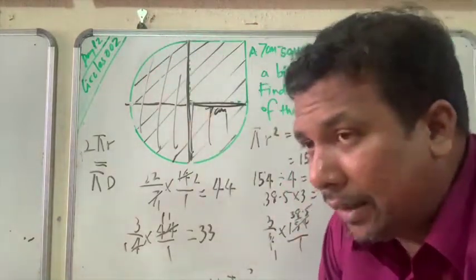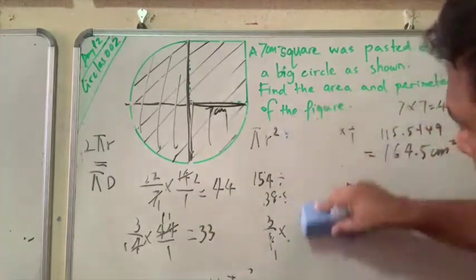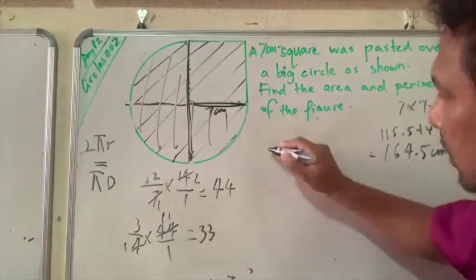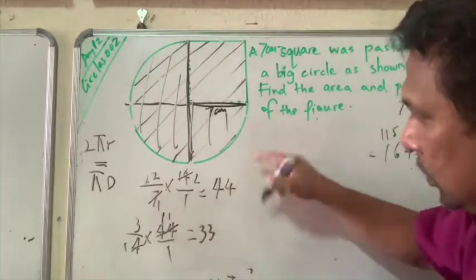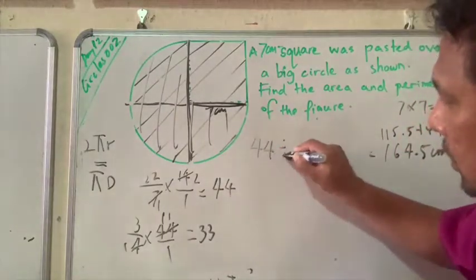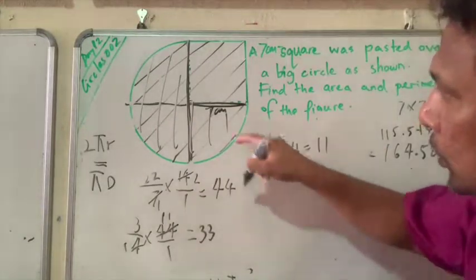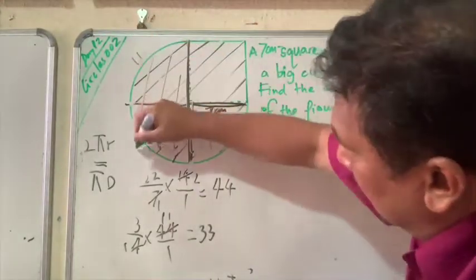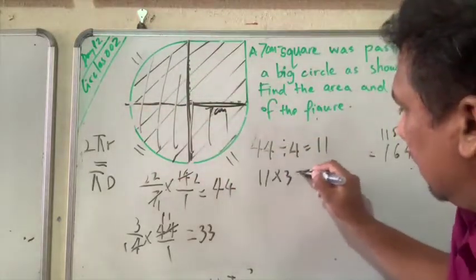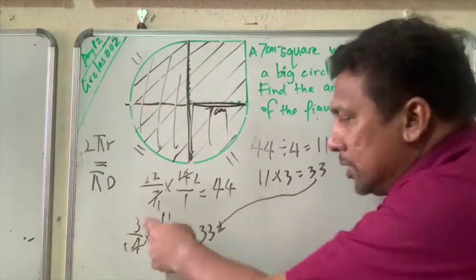If you are lost, I'm going to do it in slow motion now. I'm going to do it the slow way, which is, we find the circumference, which is 44, right? And then we divide it into 4 parts. You get 11. 11 times 4 is 44. So one side here is 11. 11 times 3 is 33, which is the same. Alright? You can do it faster with 3/4.